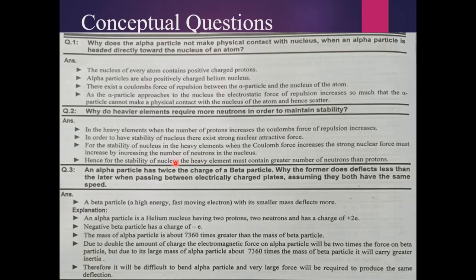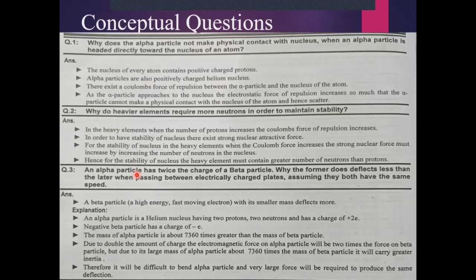And third question, that is an alpha particle has twice the charge of a beta particle. Why does the former get deflected less than the latter when passing between electrically charged plates? As we know, the alpha particle has twice the charge, but its mass number is 4, so its mass is very large, about 7360 times more massive as compared to that of an electron.